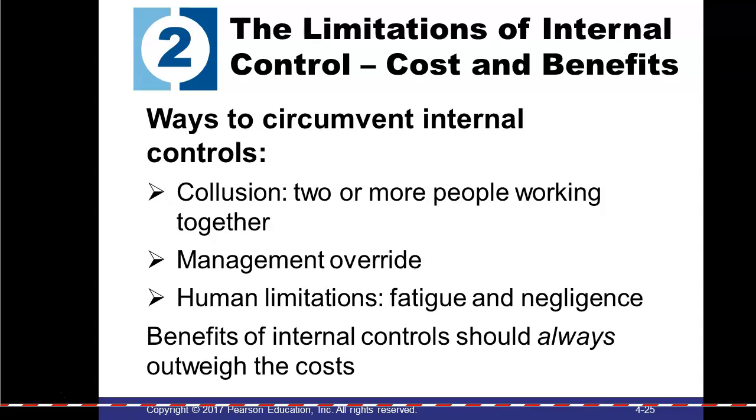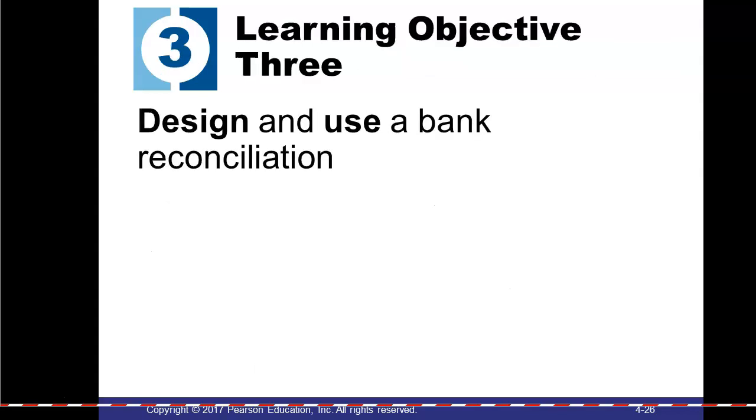Management overrode a lot of the controls they had in place, made them of absolutely no effect, basically completely destroying the integrity of the organization. Human limitations: when people just get tired or just plain lazy and they don't follow up on things that they know they would if they had been more alert to their jobs. So we have to make certain that the benefits outweigh the costs. And again, size of organization may very well drive that.